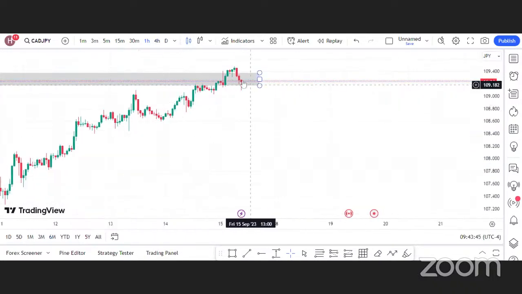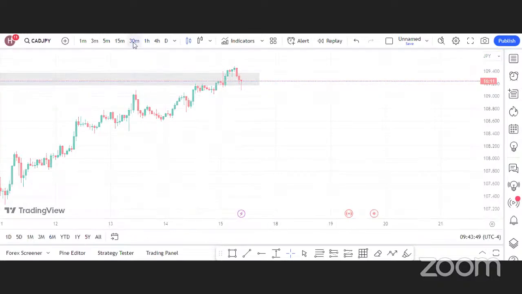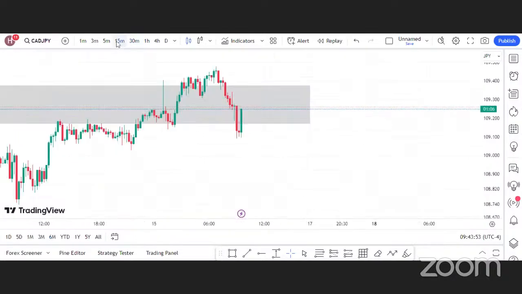So we have a break to the top side, but this looks like a liquidity. Oh, this is beautiful.